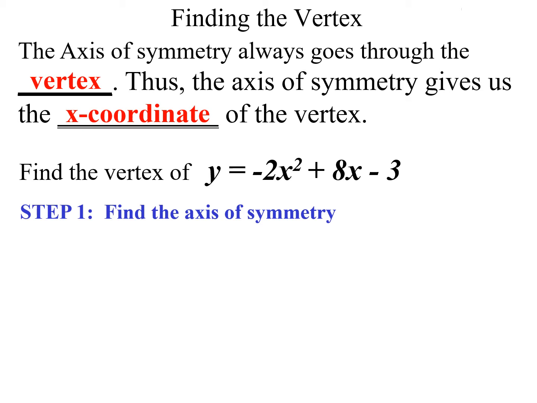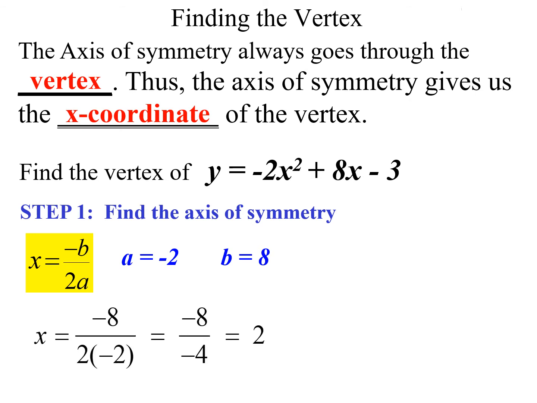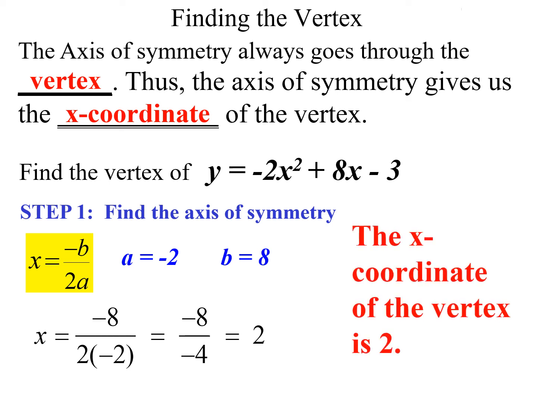So step 1, find the axis of symmetry. So using the formula x equals negative b over 2a or the opposite of b over 2a, a equals negative 2 and b equals 8. So from here, substituting all the values, we have x equals 2. So the x-coordinate of the vertex is 2.